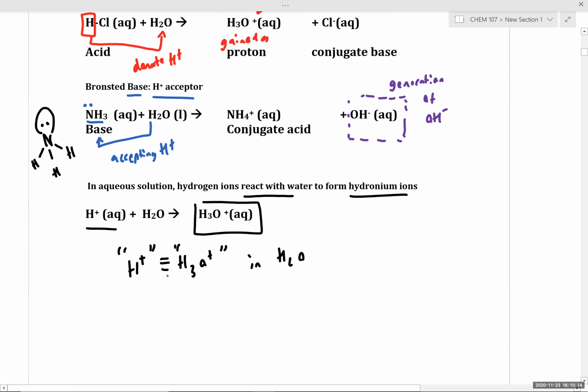That's what these three lines mean, just that they're functionally equivalent species. It's more correct for you to write things as H3O plus because that's what's actually in solution. But H3O plus is just representing H plus. Does that make sense to everyone? So in water, H plus converts to H3O plus.